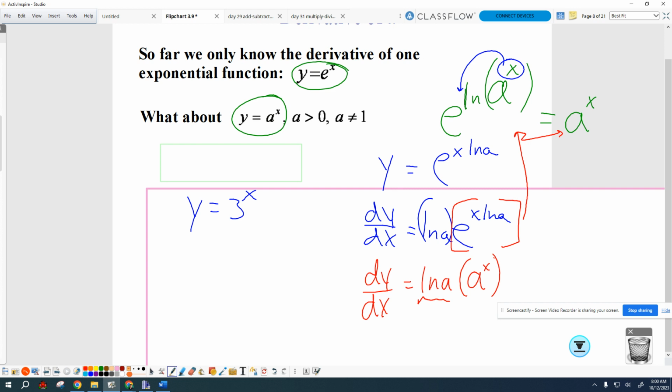You should do like the product rule instead of just canceling out the x stuff when you're getting ln a. Okay, let me show this pattern. So here, 3 to the stuff is the derivative of 3 to the stuff.